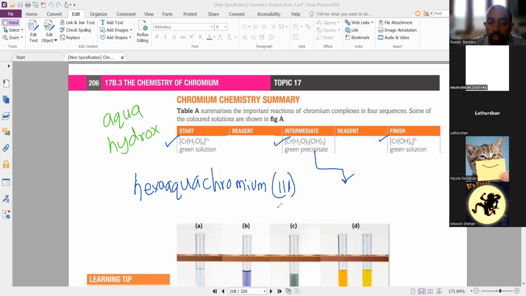Chromium 3. Try aqua, try hydroxo, chromium, 3.